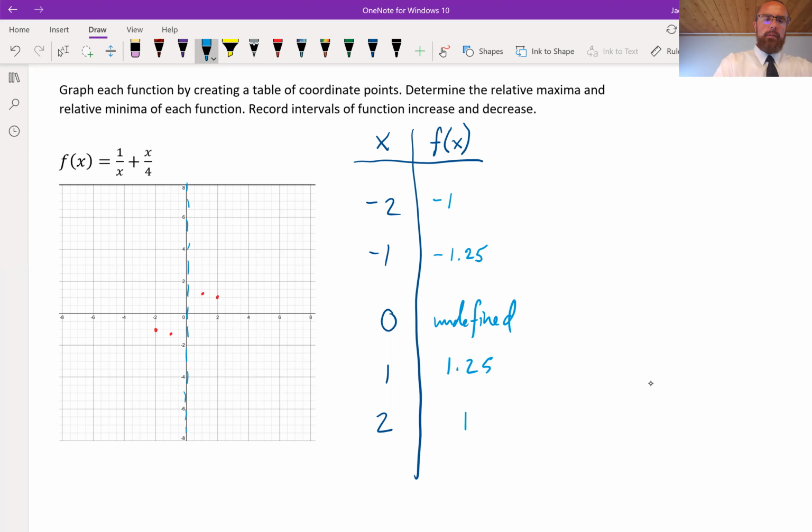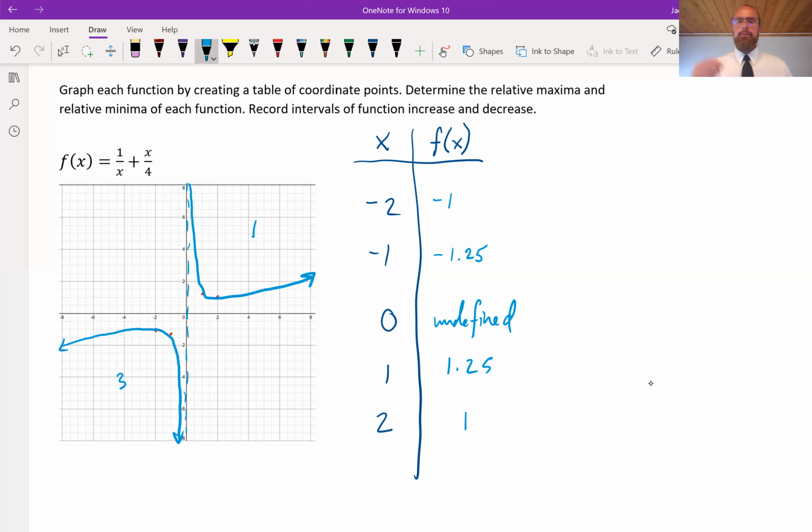So from the left here, we start below, and notice this whole left branch is included here in quadrant 3. The right branch is all in quadrant 1. So it descends, and we've got our graph.